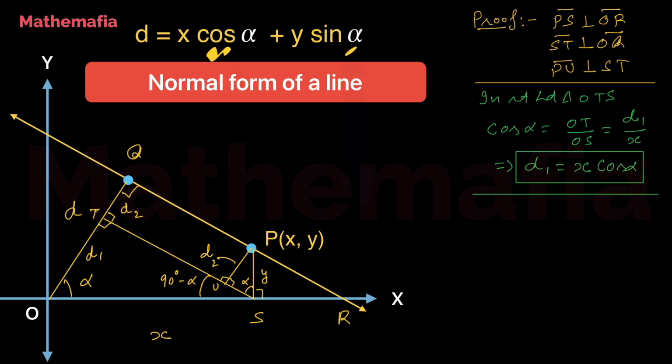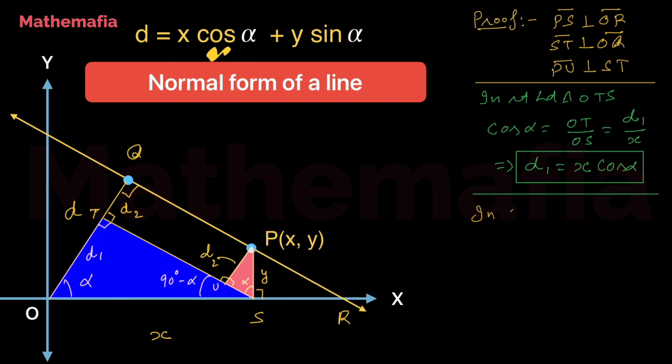Now for the second part, we need to focus on this right angle triangle PUS, and this angle is alpha. How? Let's write it down. We already know that in triangle OTS, angle OST is going to be 180 degrees minus (90 plus alpha). So we have to subtract this angle and this angle from 180 degrees to get this. So this will be 90 degrees minus alpha.